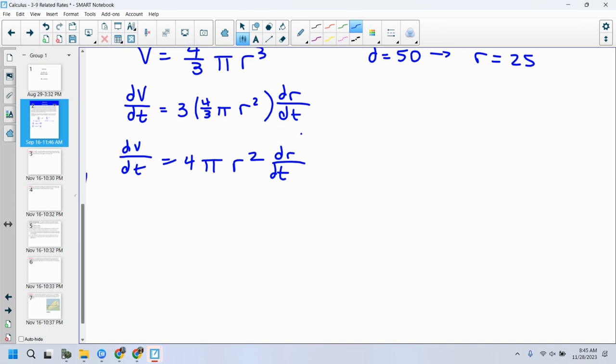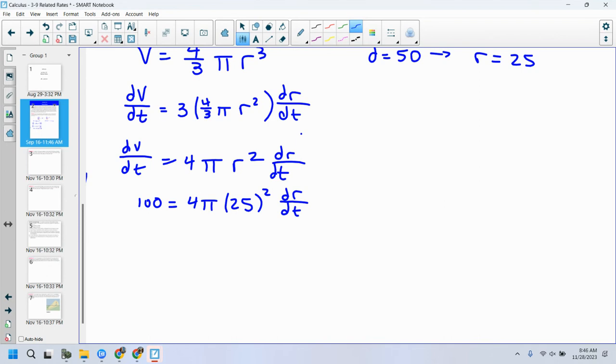So dv dt is 100. 4 pi. When do I want to know? I want to know when the radius is 25. This gives us an equation that we can solve for dr dt. We know that r needs to be 25.